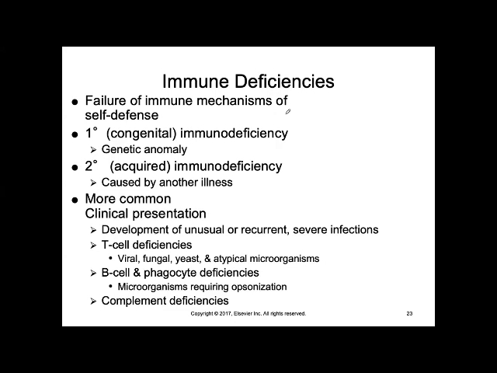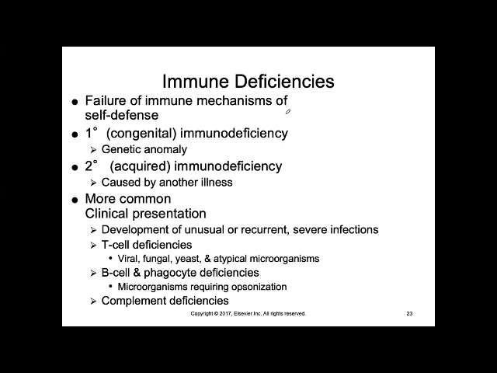Primary immunodeficiency is usually inherited, so there's a busted gene somewhere that doesn't let you make all of your immune system or components of your immune system. Secondary immunodeficiencies are caused by either a treatment like chemo and radiation, or acquired by infection of something like AIDS. These are more common.